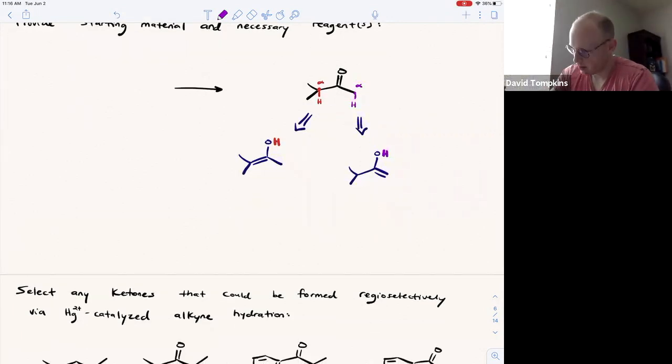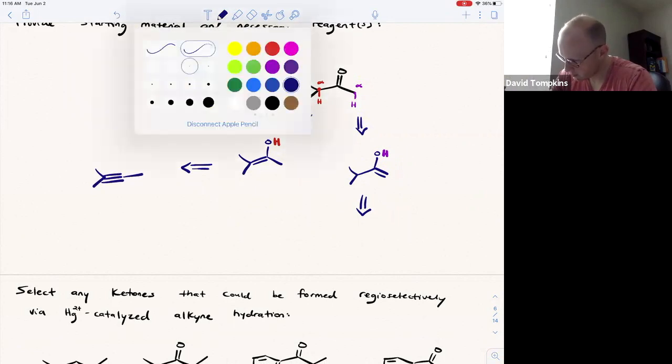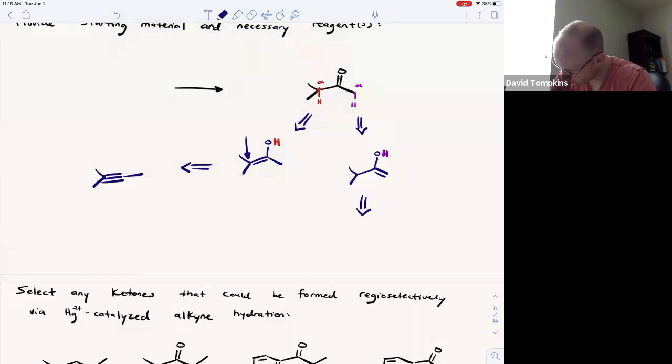So then I want to think about, what is the alkyne that these are going to derive from? So retrosynthetically, think backwards one more time, try to draw an alkyne for this, it's not going to work. You cannot hydrate this. There's no hydrogen on this carbon, so this could not have come from hydration.